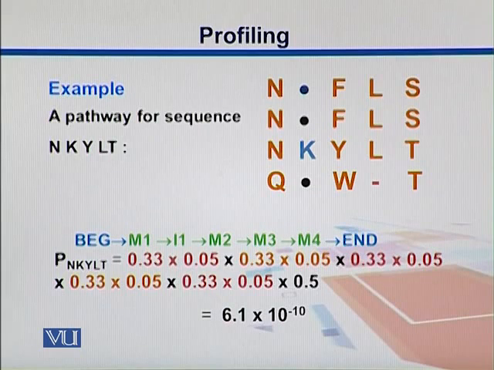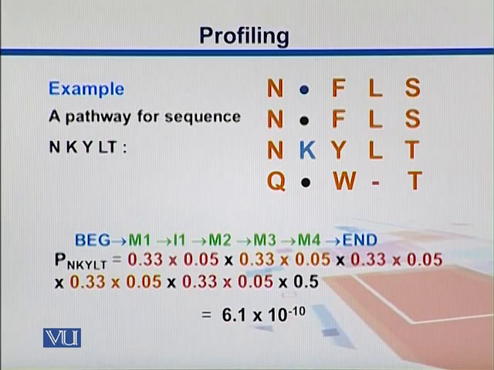The probability of seeing that symbol, which in hidden Markov model examples we call the emission probability. There are 3 states in the system, M, I and D. So the transition probability of moving into those states or staying within those states is 0.33, since there are 3 possibilities where our system can go. But within each state, what is the emission probability? There are 20 amino acids, so the emission probability is 1 by 20, which is 0.05.